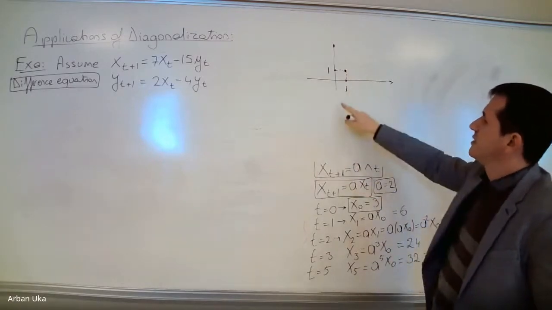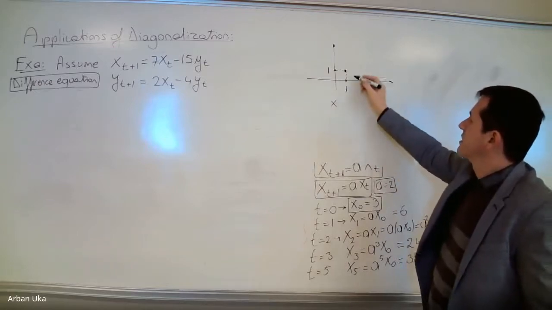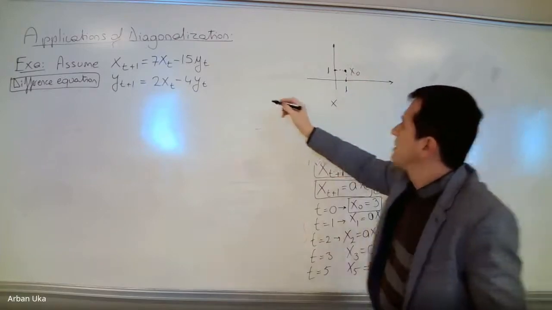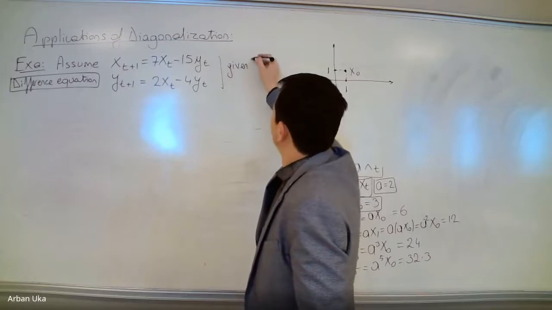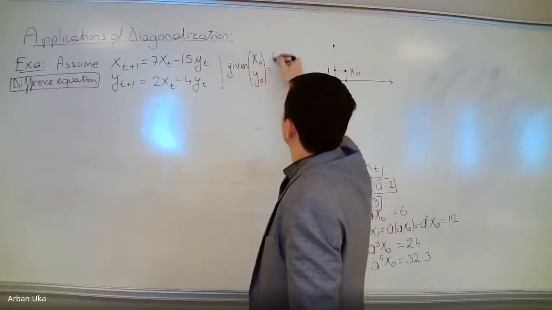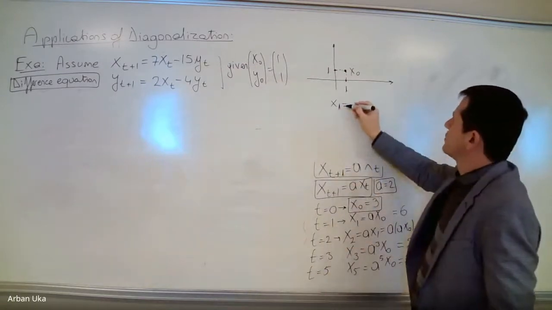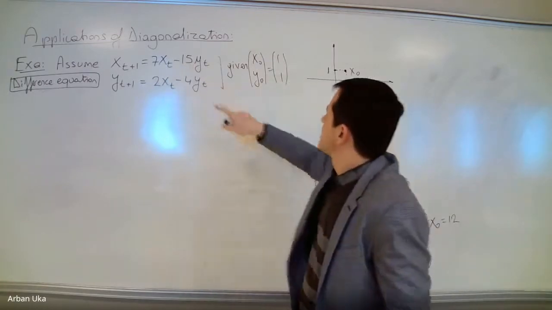Then let's see what will be x. This is x0. We start, well, let's give this here: given that (x0, y0) is equal to (1, 1). And then we want to find what is x1. x1 is going to be 7 times 1 minus 15 times 1.